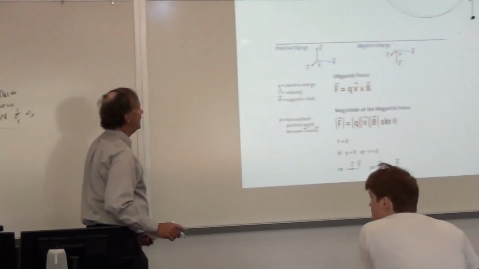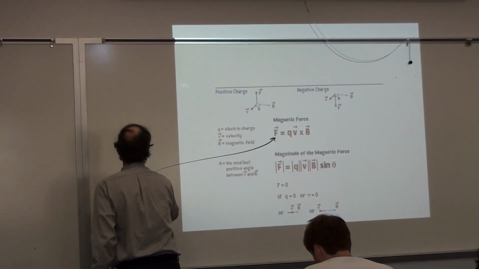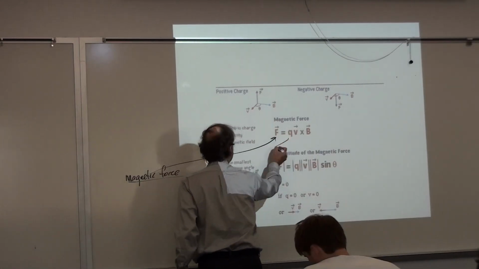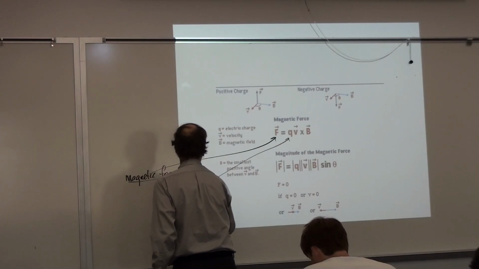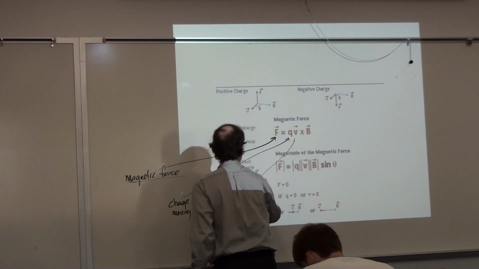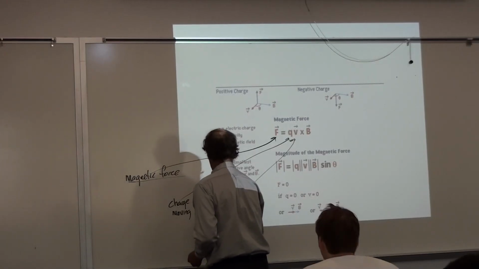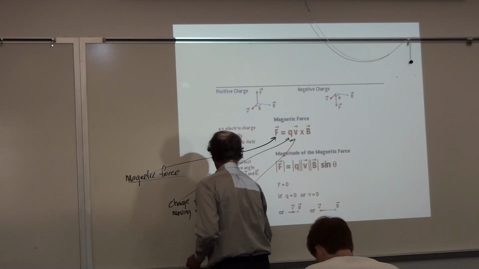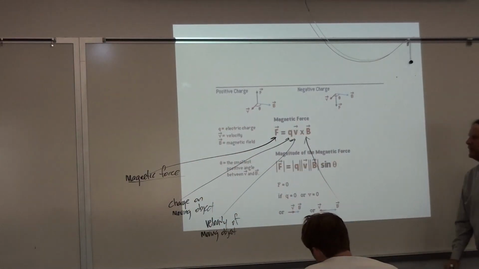So what we can say then is that the magnetic force is a vector cross product that's equal to Q, this is the charge on the moving object, times V, this is the velocity of the moving object, times B, this is the magnetic field that the object is moving through.